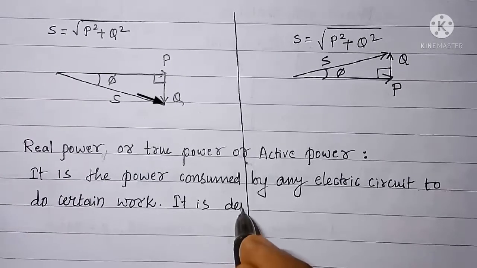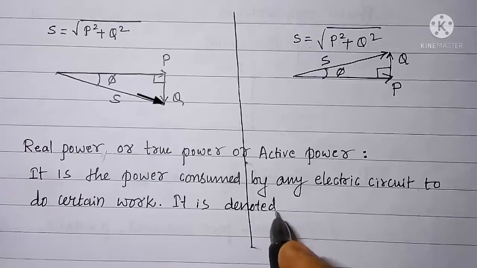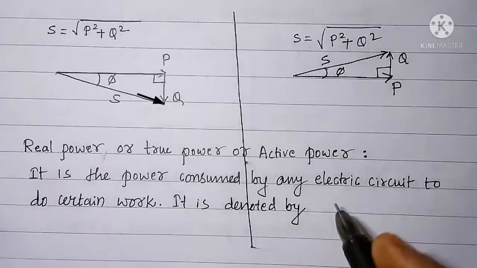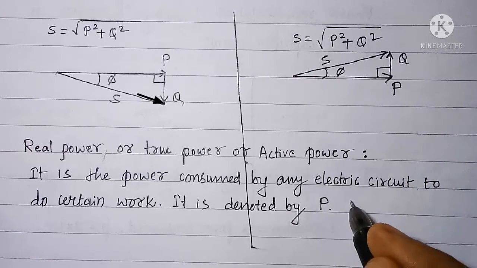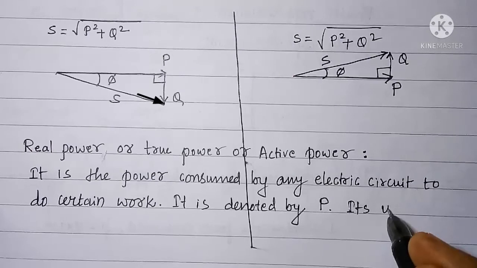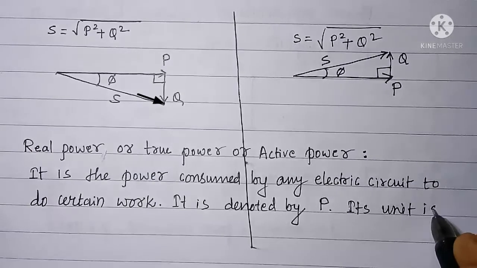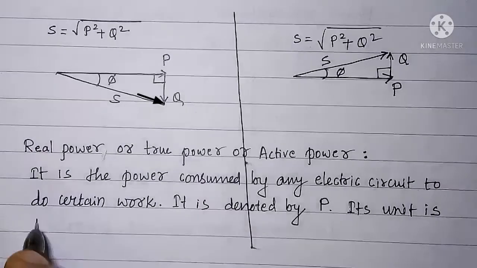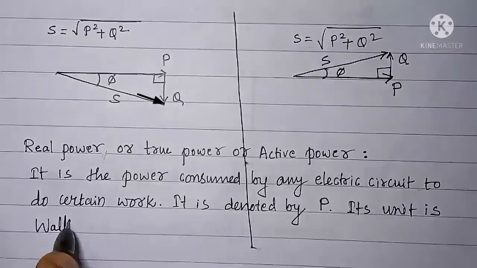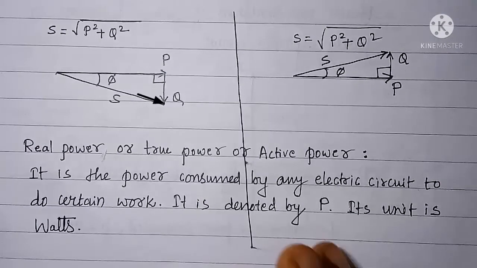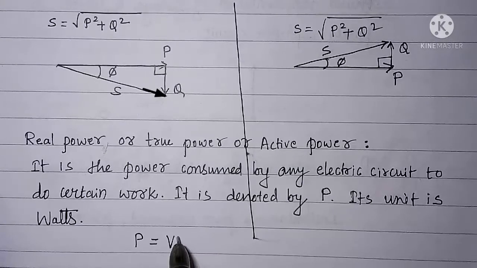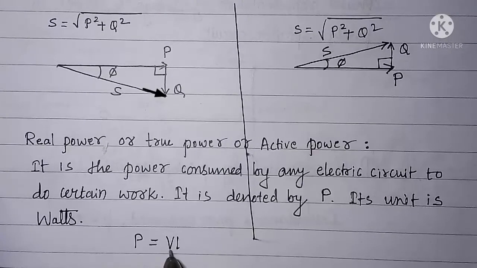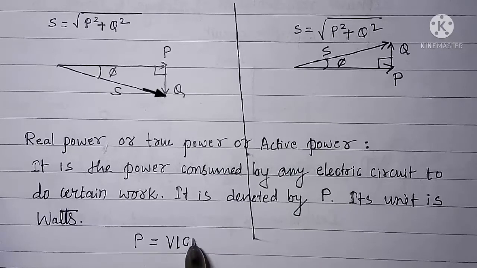It is denoted by capital P. Its unit is watts. It is calculated as P equal to Vrms into Irms into cos phi.